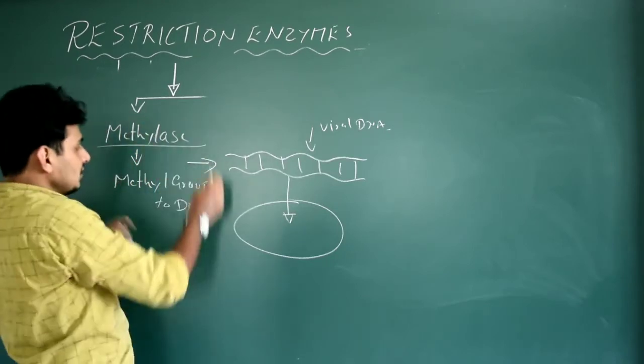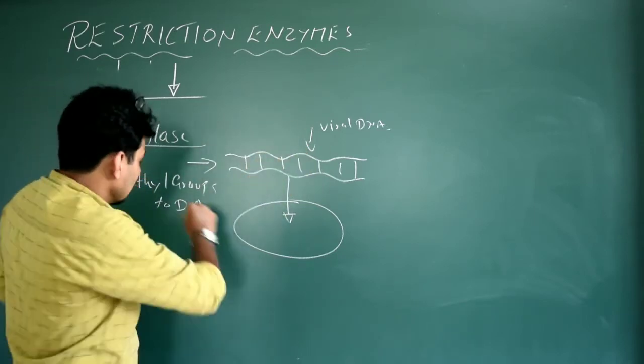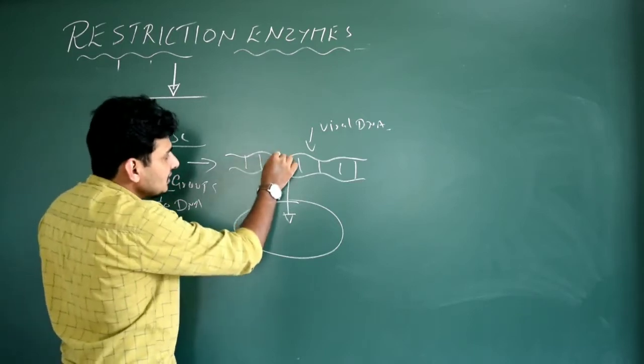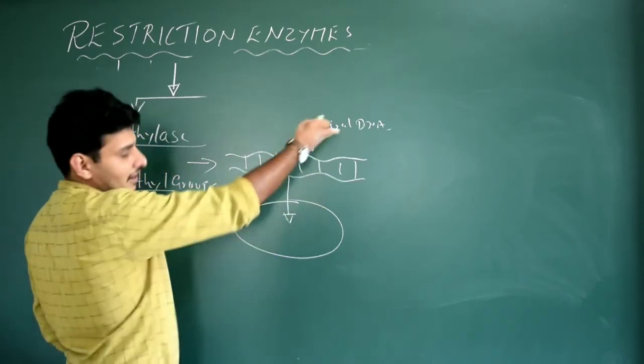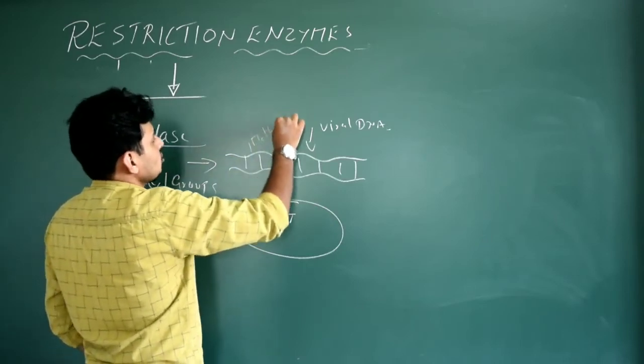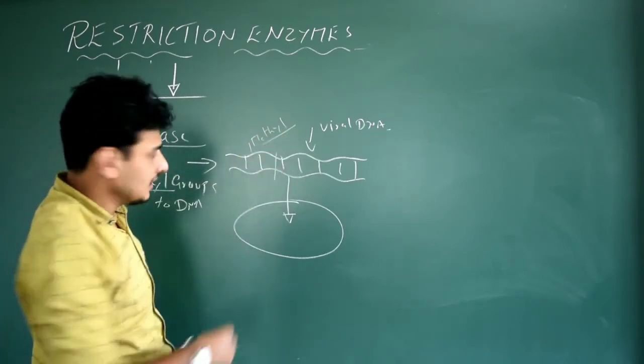Along with that, if the two systems fail, the third system is methylase. The methylase is going to modify the genetic material of the virus by adding methyl groups to the viral DNA.